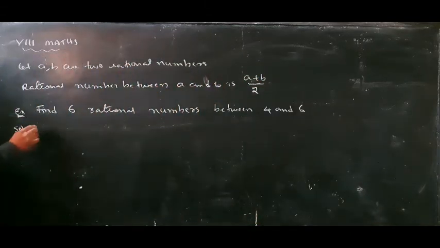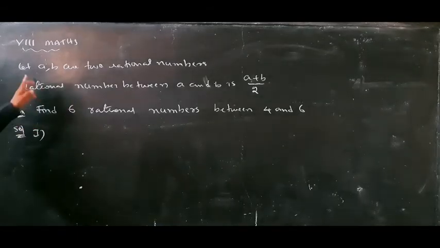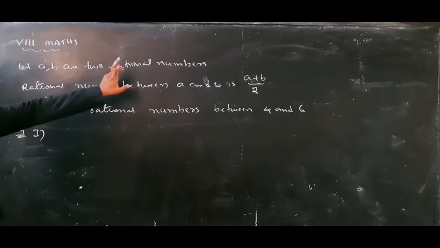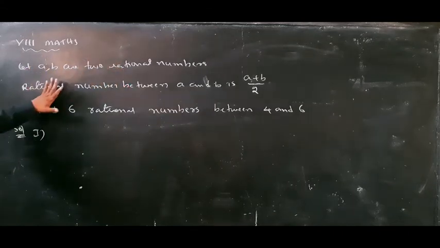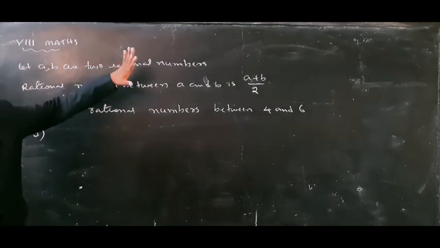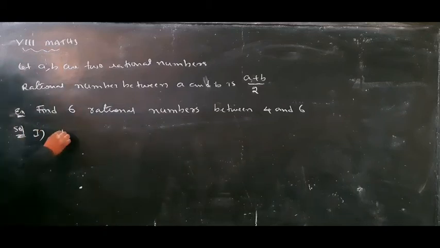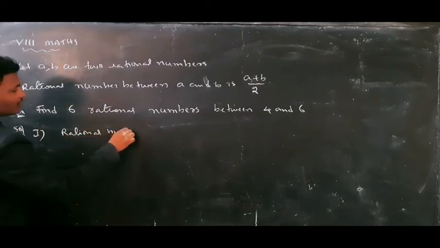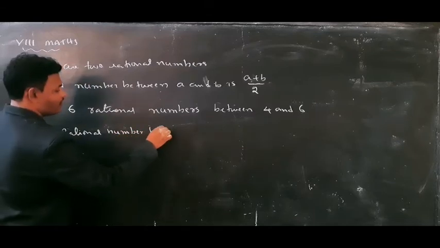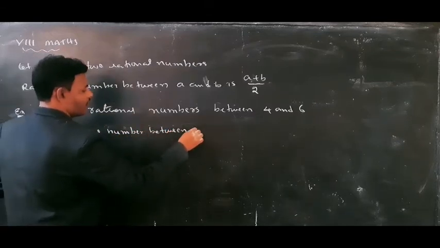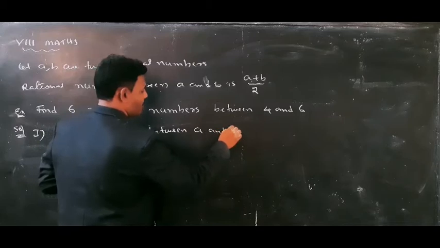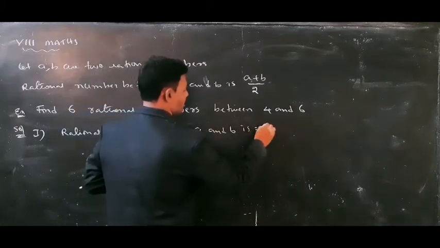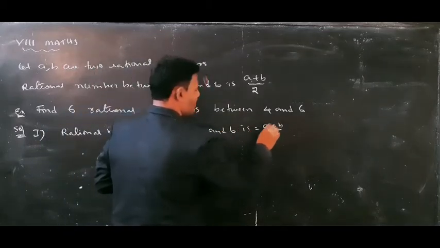Solution. First rational number. What is the formula? Let A, B be two rational numbers. A rational number between A and B is (A plus B) by 2.